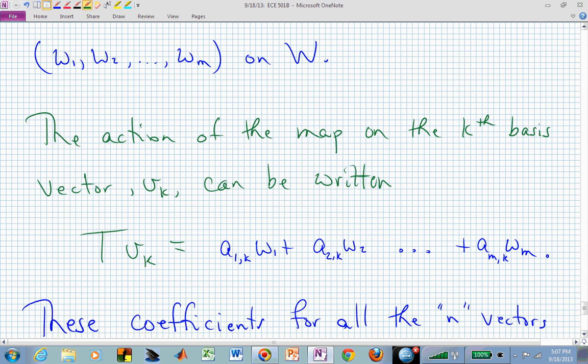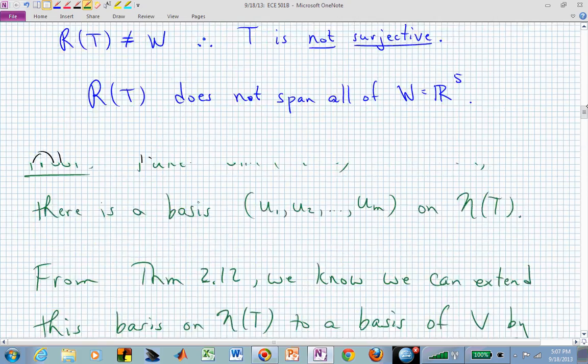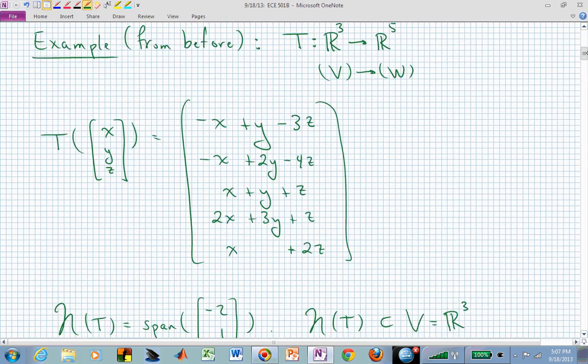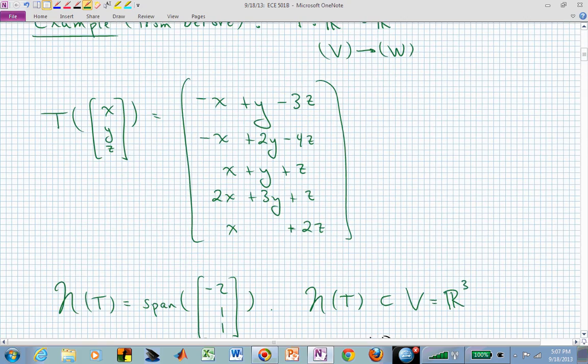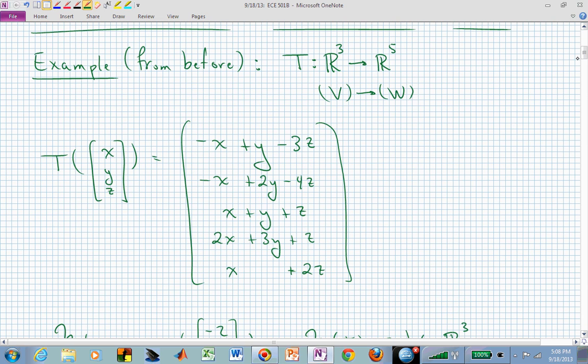This then, if you sort of go back to what we've done before, let's go way back to the beginning. Here's a good example. What is capital V dimensionally? What is capital V in this example? It's R3, isn't it?